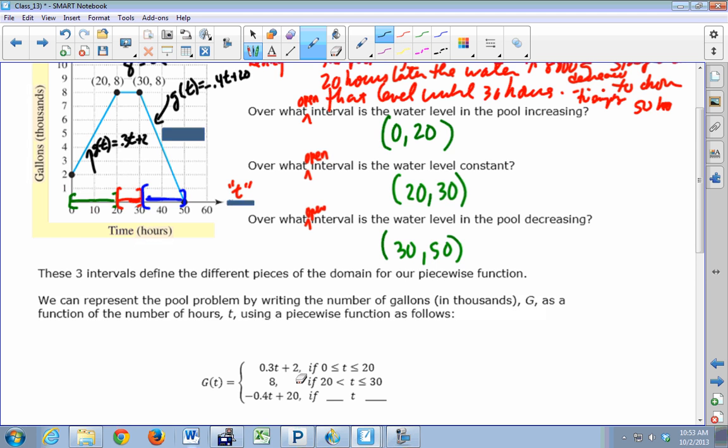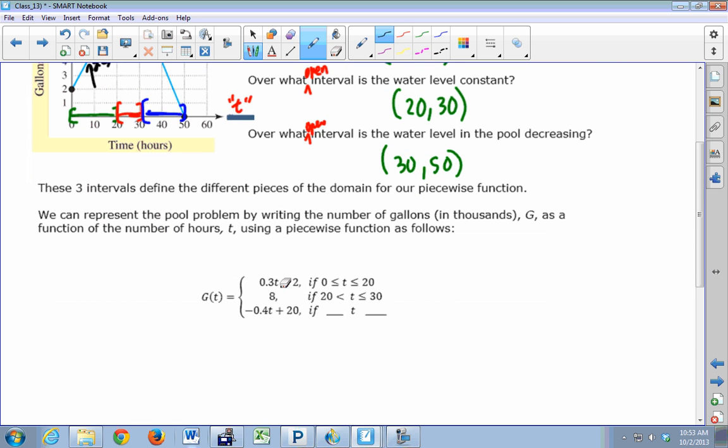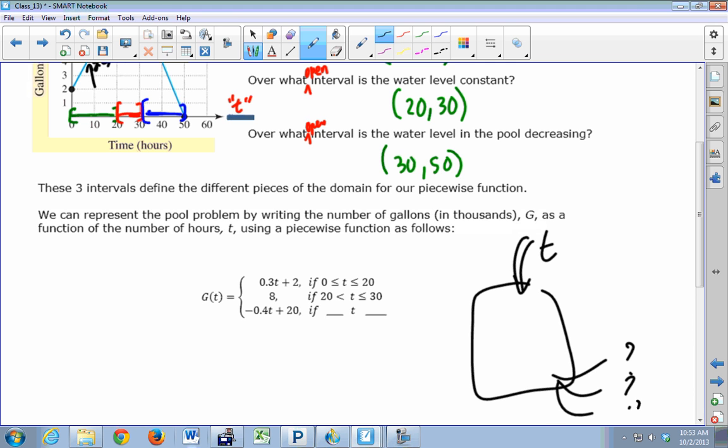Okay? So how do you know which of these formulas to apply to your input? You have an input, some number of hours goes in, and which one of these you use depends on what the value of t is. And that's why you need this little piece beside it, because that tells you the part of the story that you're in.